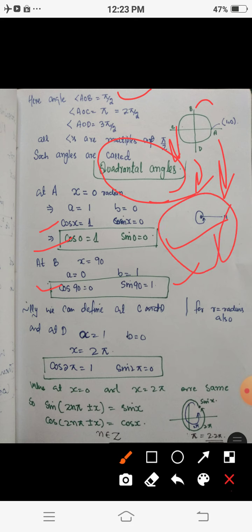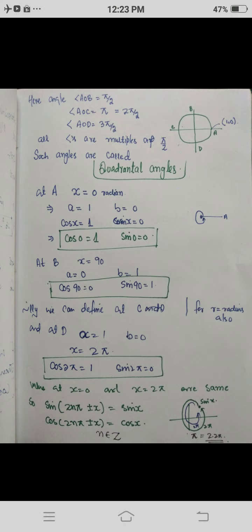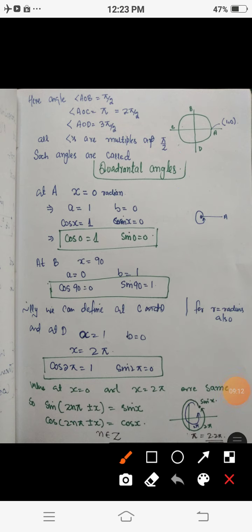So this means that at this point, again at point A, because we repeat the process from this to this, the angle is 2 pi and the coordinates are the same. So when from a point we complete one revolution about this point, then the value comes out to be the same.